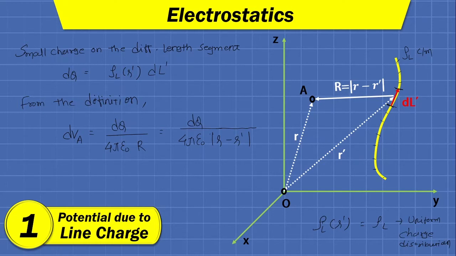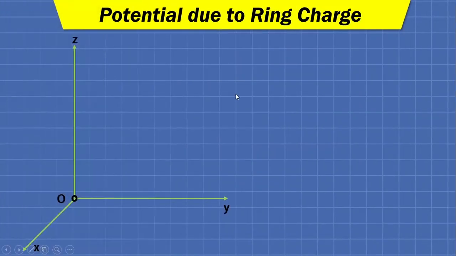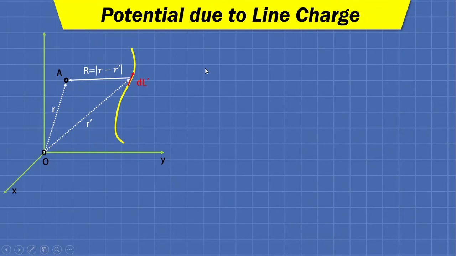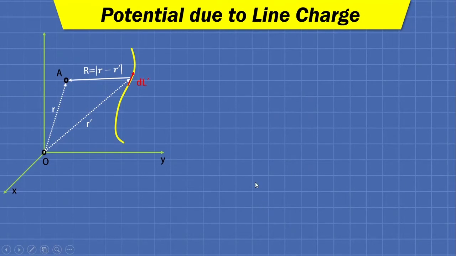Now if we want to determine the potential due to the whole length of line, then considering the full length, we can write VA equals the line integration of dVA.